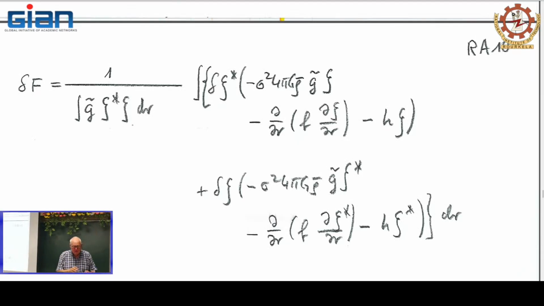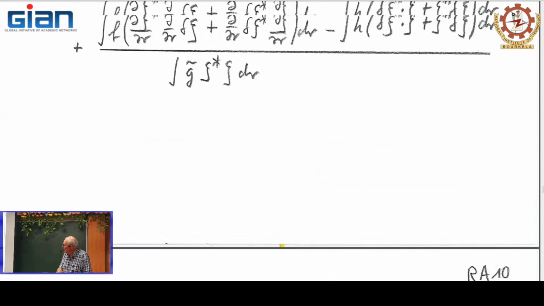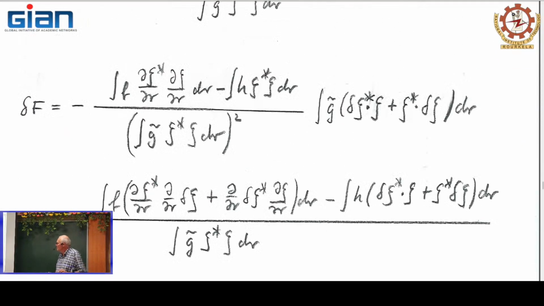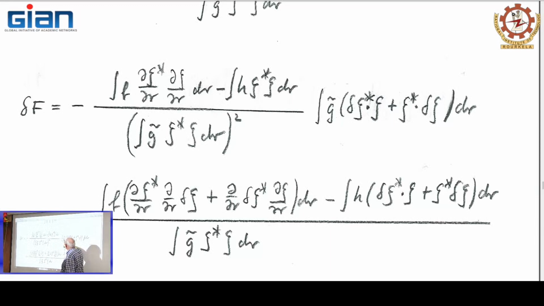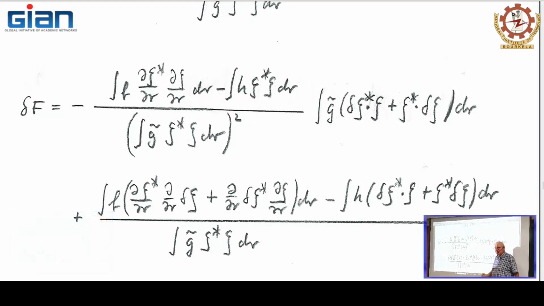Let's perhaps look to convince you where this comes from. So the sigma squared term gives a sigma squared times the g tilde times both delta zeta and delta zeta star, either multiplied with zeta star or zeta. And here we have those terms which are connected with delta zeta.